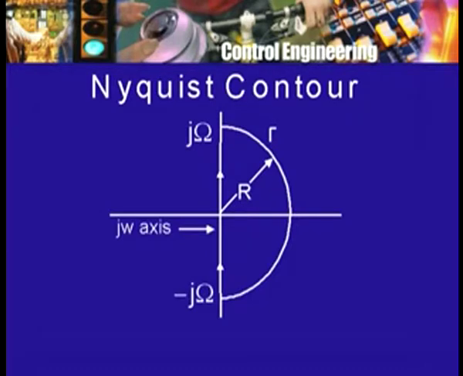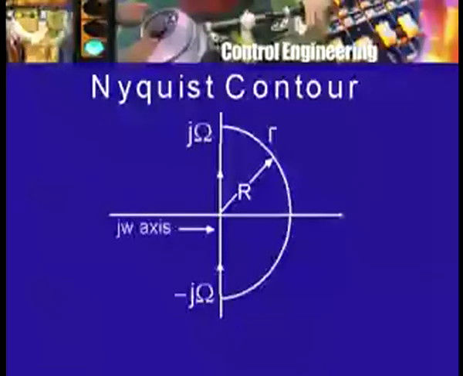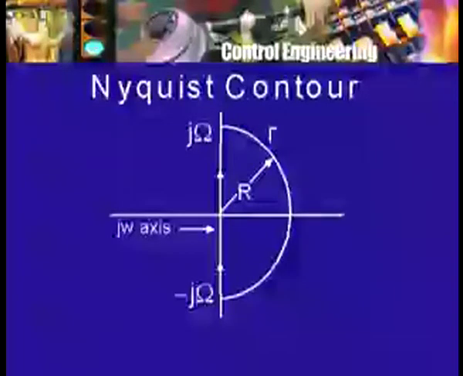If the function f has any poles or zeros in the right half plane, then if R is large enough, they will be enclosed by this contour gamma, and we do not want to miss out any poles or zeros of f which may be in the right half plane, and this is the reason why we have to consider this contour as sufficiently large.